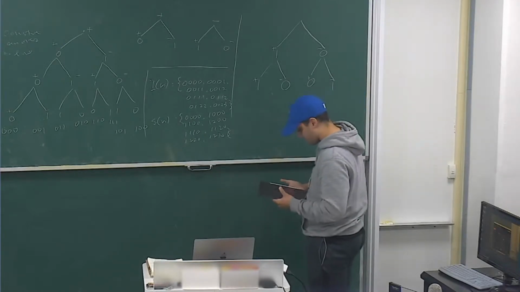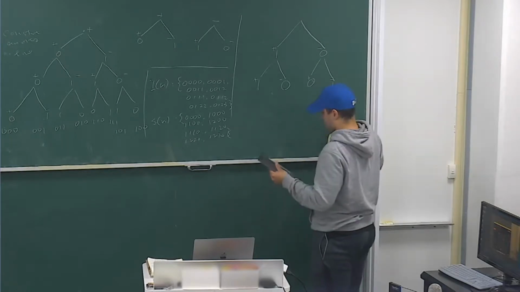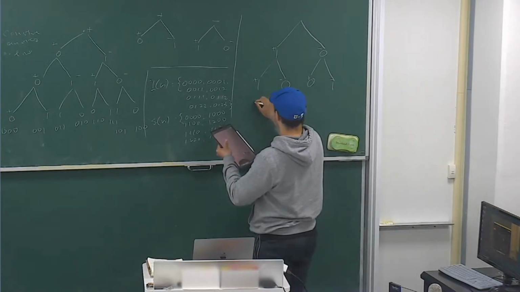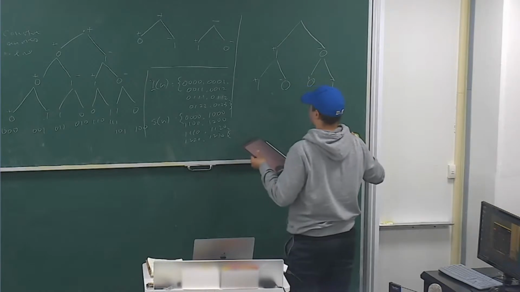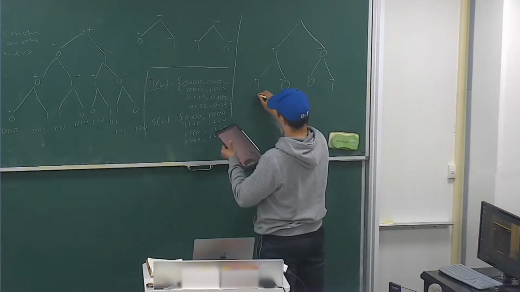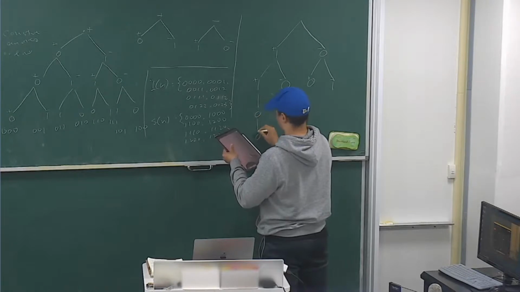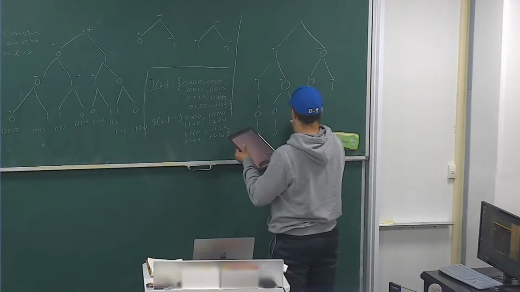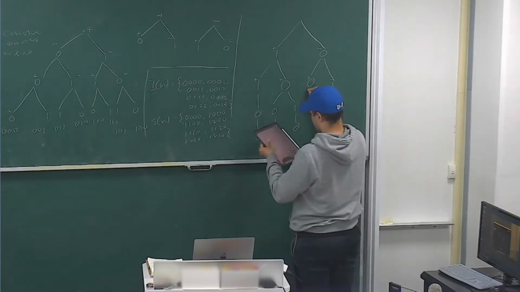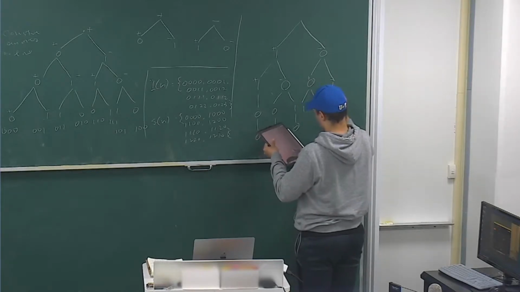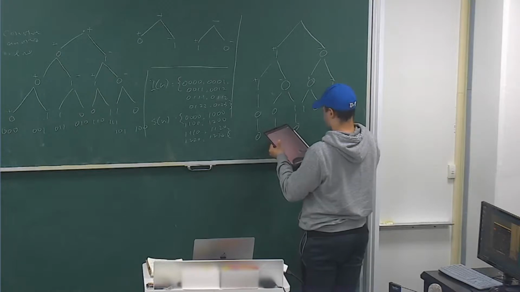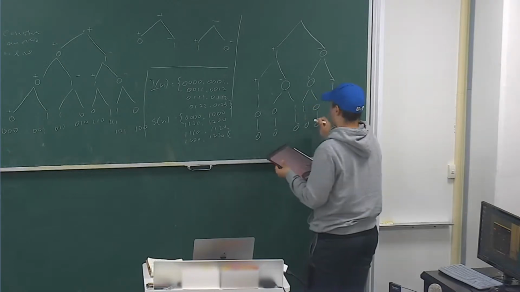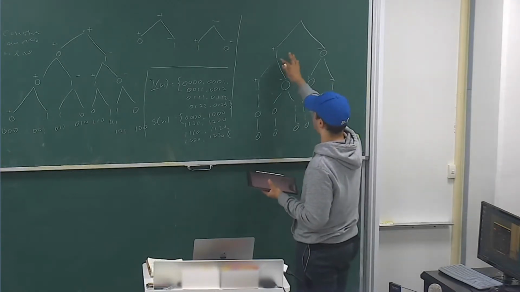For example, for n equals 4, the way we create the tree, the basic strategy is the same.